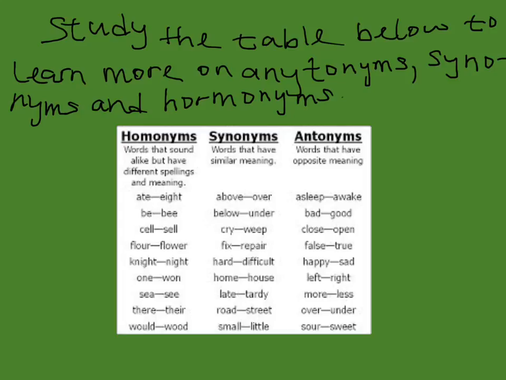We also have sea as in a body of water, and see as in the verb to see something. We also have there and their. We have there as in a preposition, and their as an article indicating ownership.